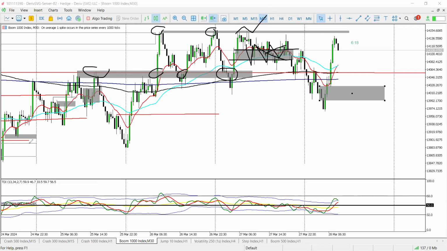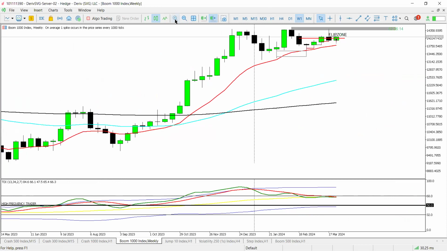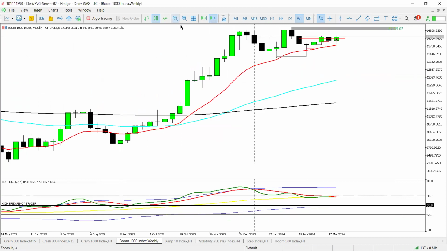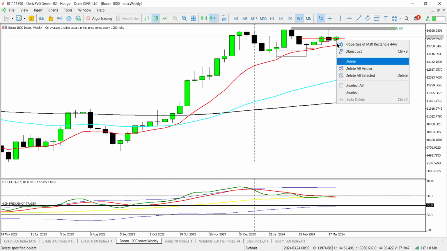So today let's just look at the higher time frames. Okay, so looking at it from the weekly, let me just remove this.